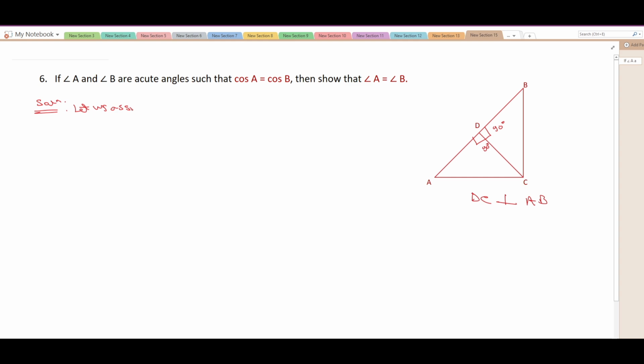Let us assume a right angle triangle, right angle at B, and DC is perpendicular to AB.